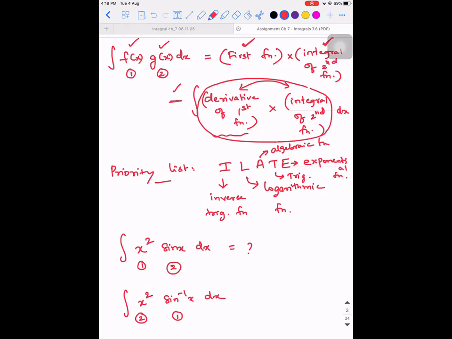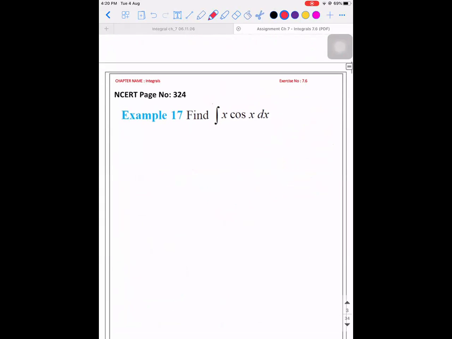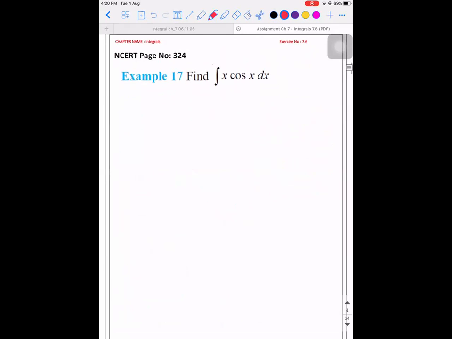Yes, sir. Done. Okay, have this in your mind. So this is the first example problem. It's on page 324.